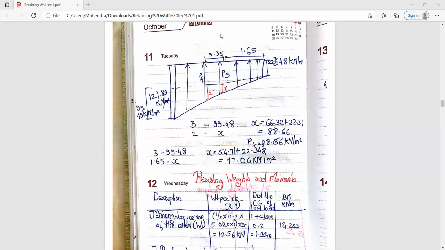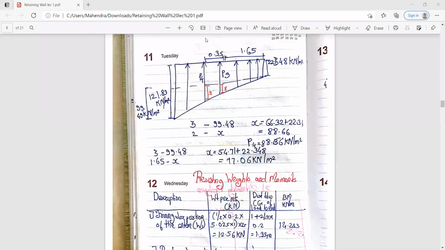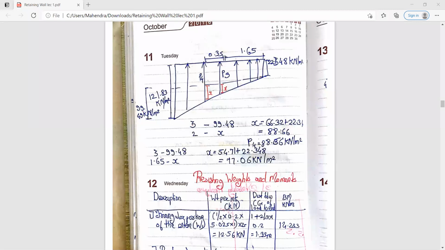And for the stem, we had already calculated, we had distributed the stem into all the 4 parts, that is W1, W2, W3 and W4. After completing, let me know so that we can calculate the resisting weights and moments for the stem.